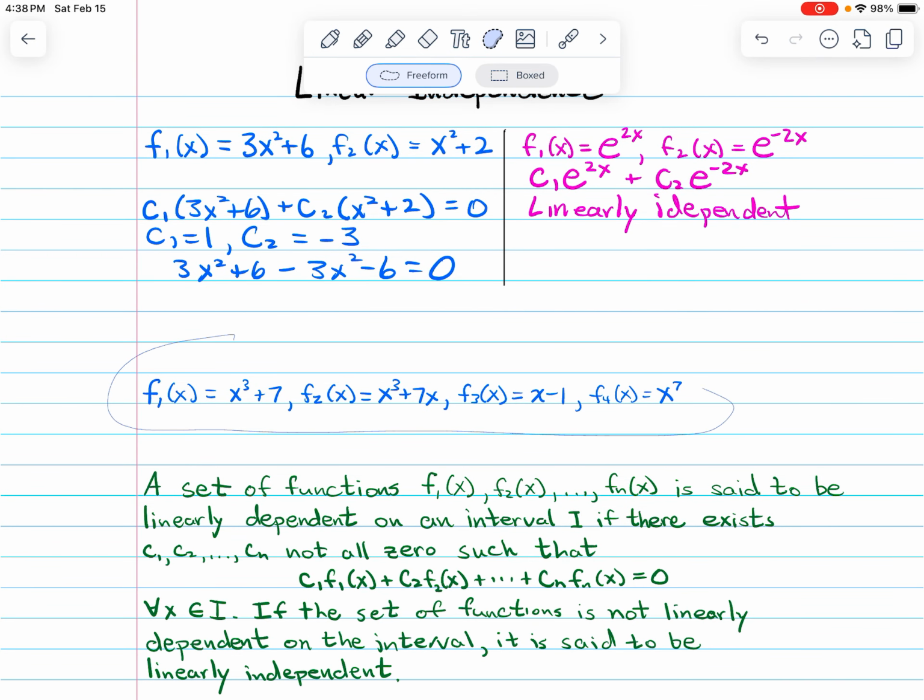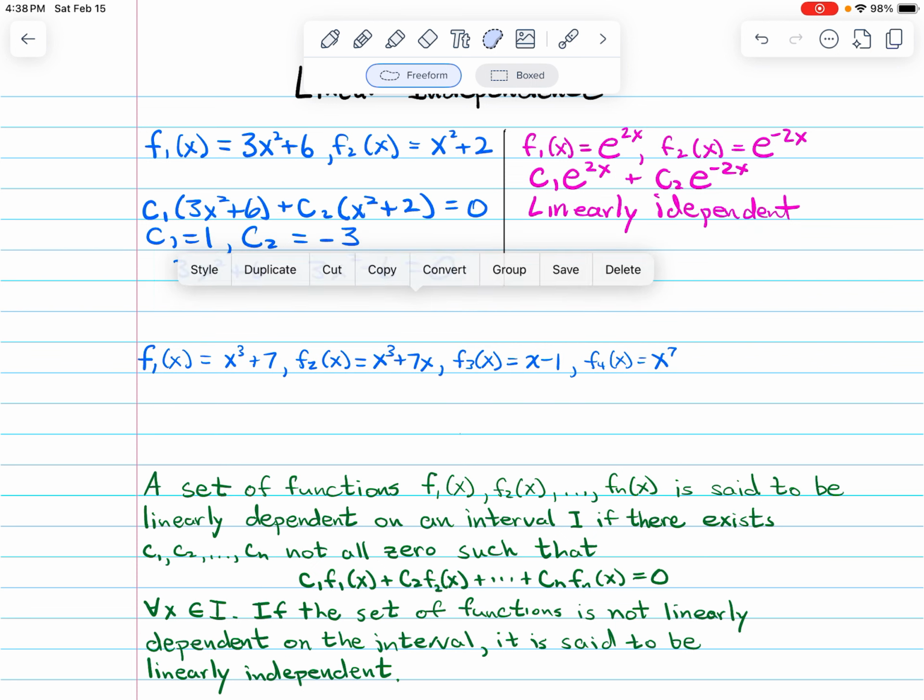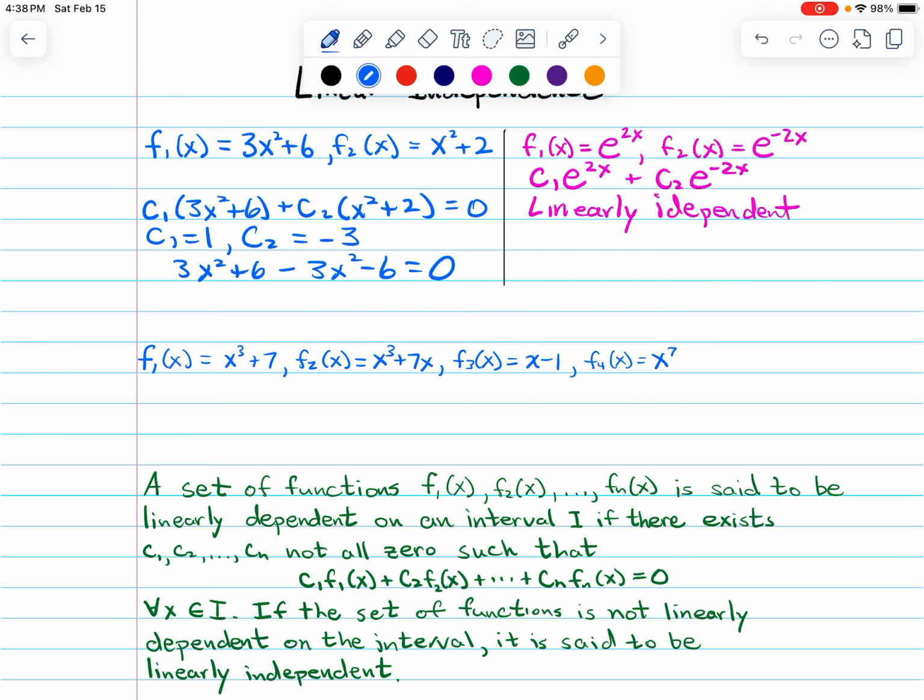Now, let's look at another example real quick. Let's look at this one. And we've got f1 is x cubed plus 7. So let's start the process here. Let's say C1 times x cubed plus 7, and C2 times x cubed plus 7x. And then we'll say C3, we've got x minus 1, C3 times x minus 1.